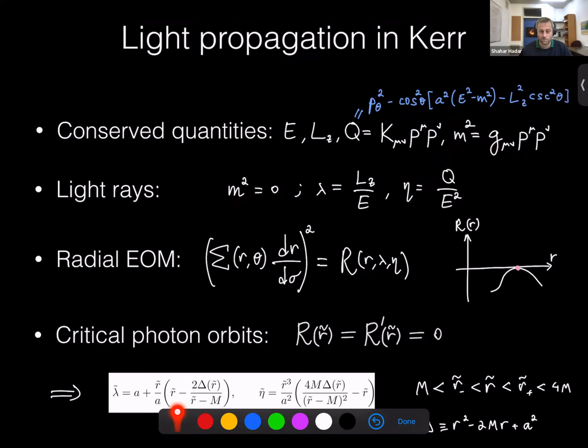These are the 2 parameters governing what light rays do, up to some integration constants. We can think of them, as we will soon see, as coordinates on the screen of a faraway observer. Soon I will write down exactly the relation, but just from the dimensionality you can see that it works. We have two dimensions on the screen, and these correspond to these 2 parameters, lambda and eta.